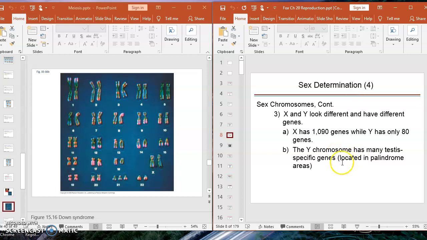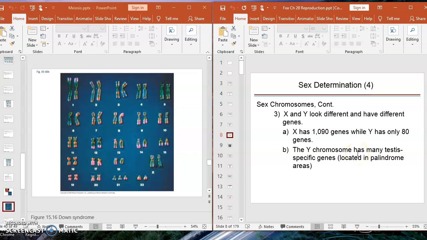The testes-specific genes, the ones that must kick in to make us male, are located in a palindrome area. Now, palindrome in words means it reads the same way in both directions, like madam, M-A-D-A-M.